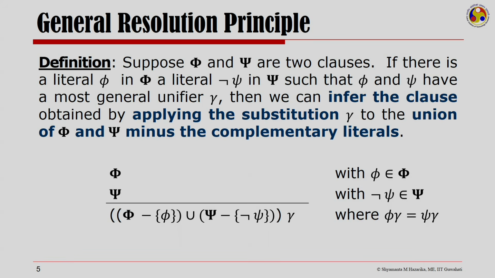Suppose I have two clauses phi and psi, and there is a literal phi in my first clause and a literal not psi in my second clause, such that these two literals phi and psi have a most general unifier gamma.